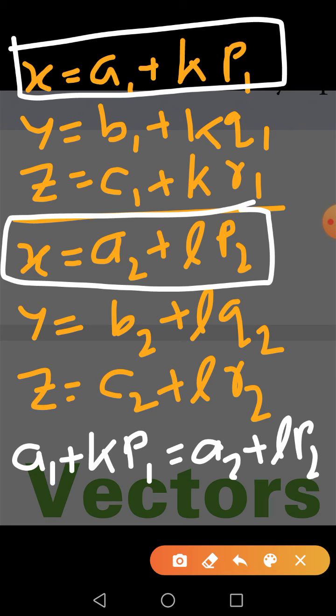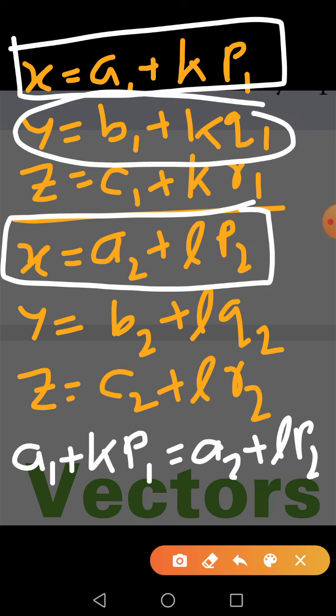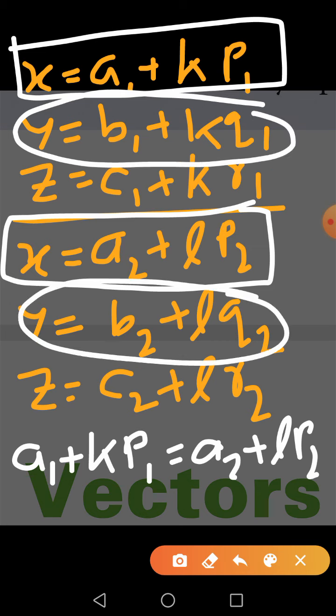Indeed, we can, because if we guess that these lines would meet, so the x coordinates must be equal, or the y or the z, whatever it is. The actual rule is you take two sets of equations. Like I always prefer taking x and y and solving them simultaneously to obtain the values of k and l.